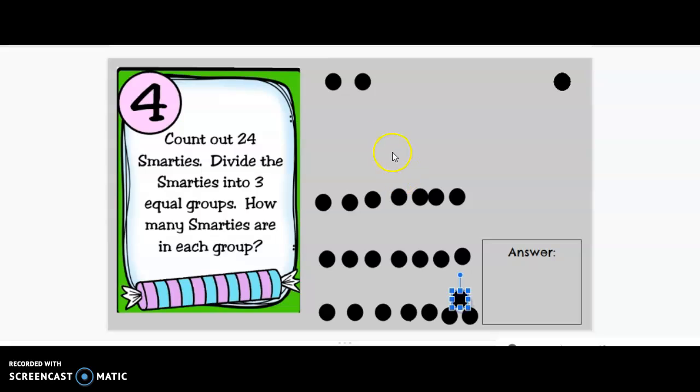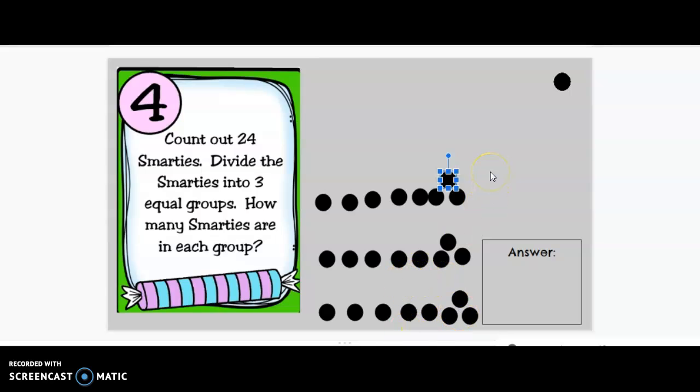This one's going to go with this group. This Smartie's going to go with this group. And this Smartie is going to go with this group right here. So we have our 3 equal groups, group 1, group 2, and group 3.